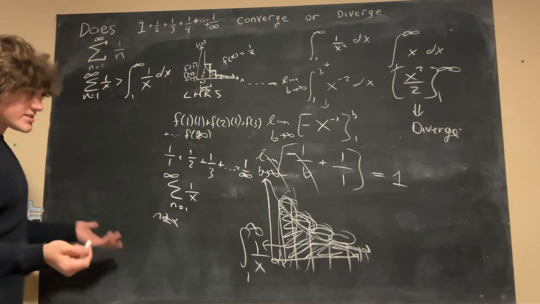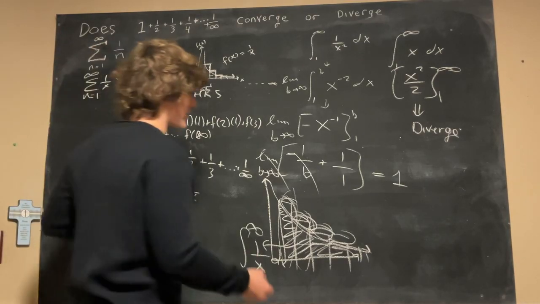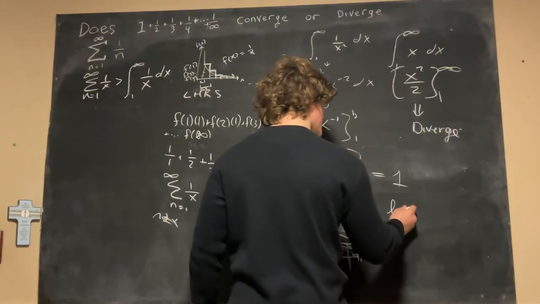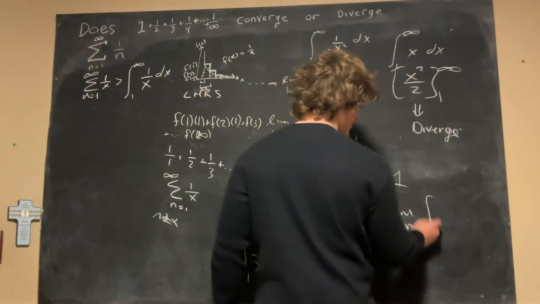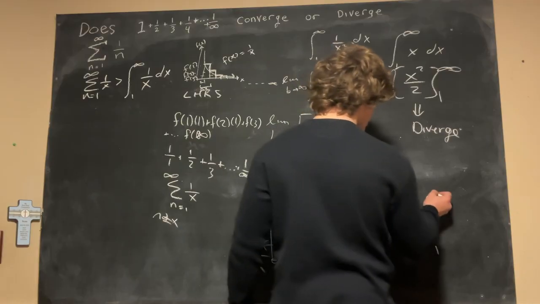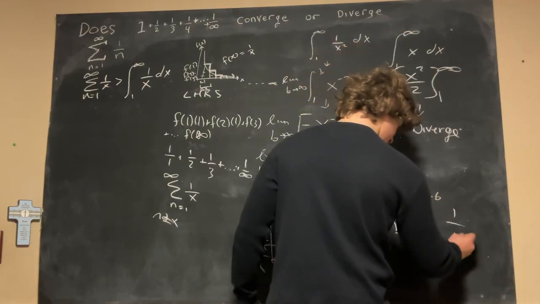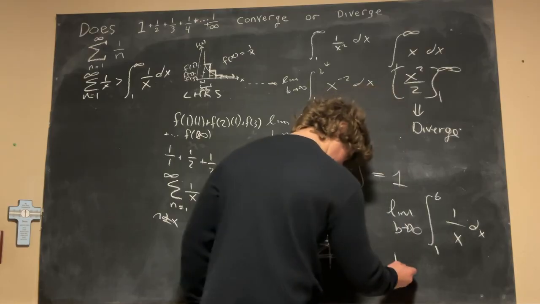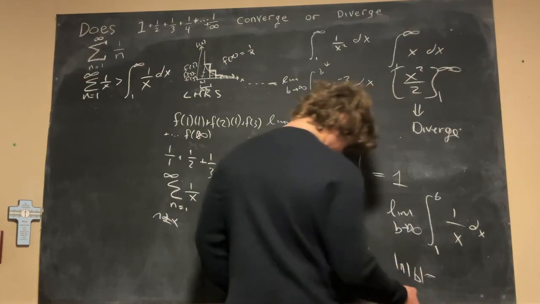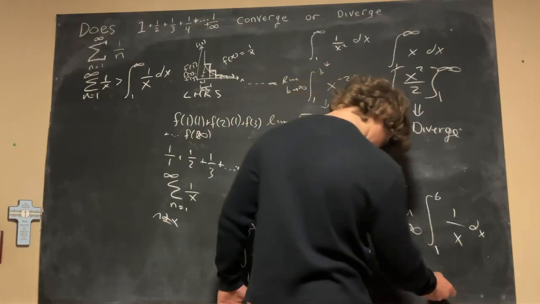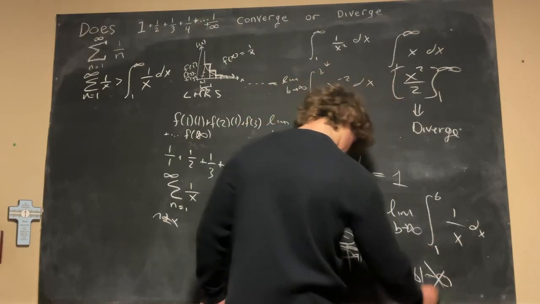Now let's see this integral of 1 over x. We are going to rewrite this as the limit as b approaches infinity of the integral from 1 to b of 1 over x dx, and this is just the natural log of b minus the natural log of 1, which is 0, so that goes away.